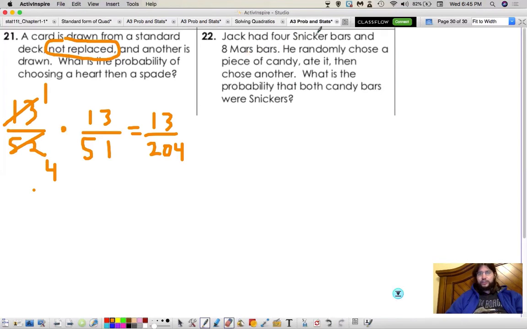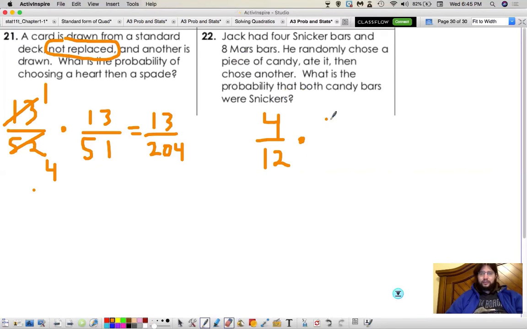Jack had 4 Snickers and 8 Mars bars. He randomly chose a piece of candy, ate it, then chose another. What's the probability that both candy bars were Snickers? So at first he had 4 out of 12 being Snickers, right? 4 Snickers bars, 8 Mars, 12 altogether, 4 out of 12.